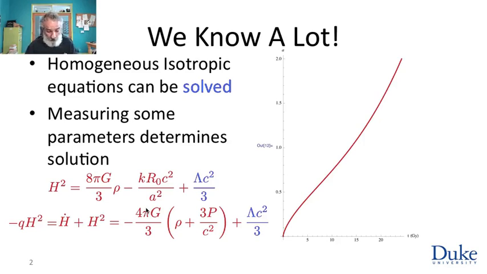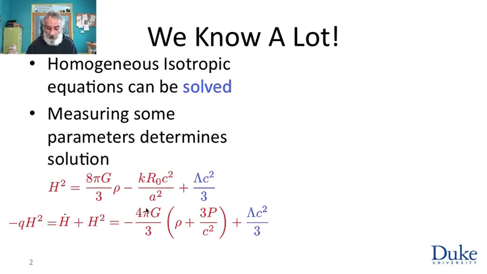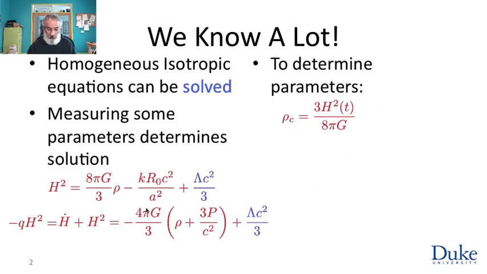And so we need to measure some parameters. What is it that we need to measure? Well, we introduce, as usual, this critical density and rescale all three components of the density, the energy density of dust, of radiation, and this fictitious density, or this density of dark energy, by dividing them by this critical density, defining the density parameters omega.